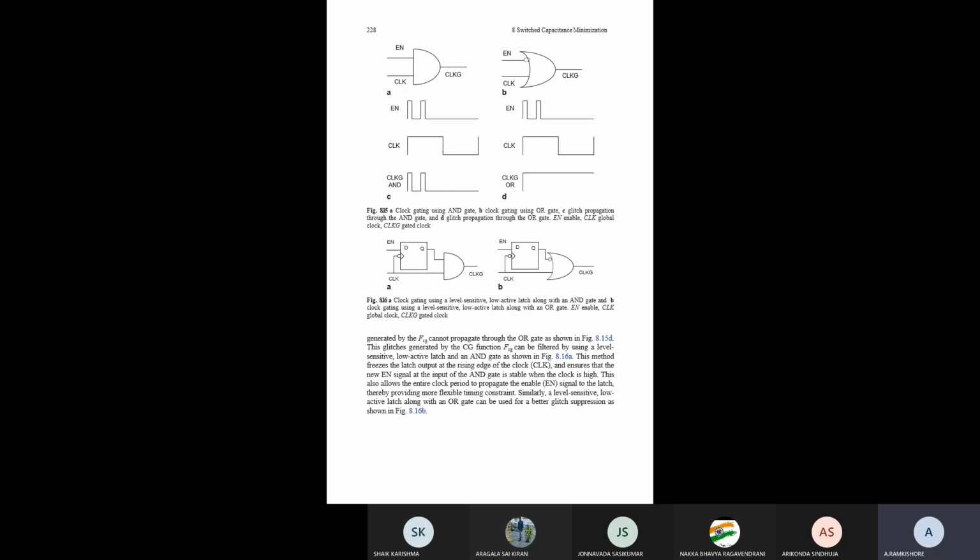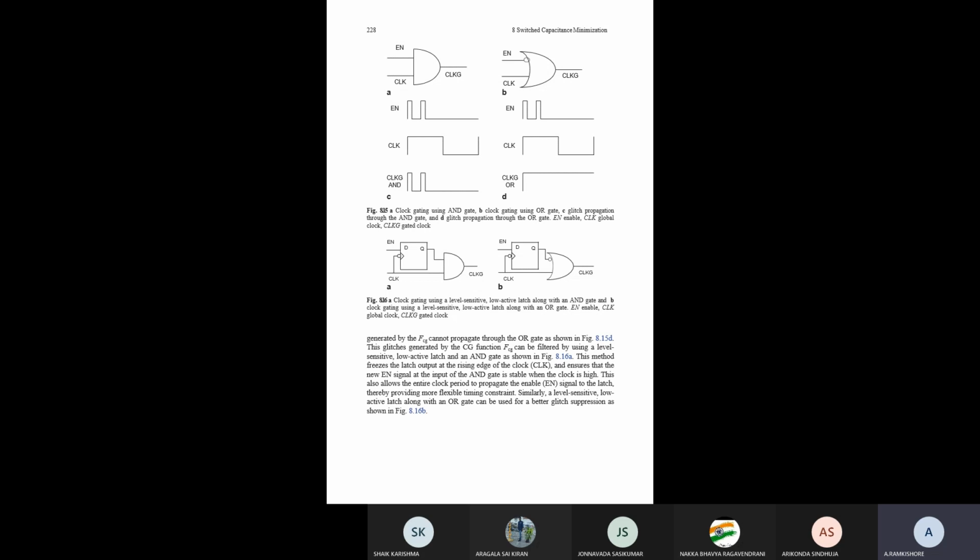To maintain that proper clock gating signal, there is no possibility of implementing other operations, since it suppresses the unnecessary transitions on the gated clock signal. However, if the CG function does not stabilize to 0 level before the clock rises to high level, the glitch generated by the FG propagates through the AND gate.